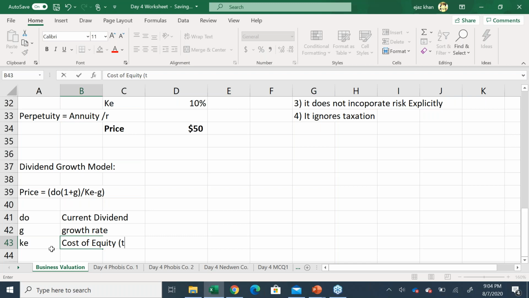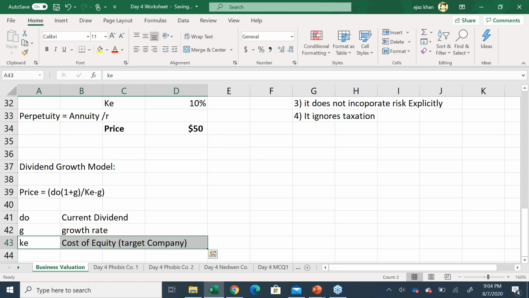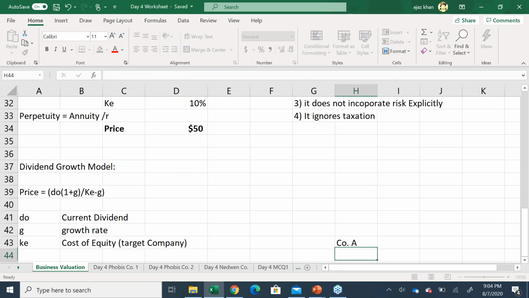It should be of the target company. Always remember, the KE used in this formula should always be of the target company and not of the acquiring company. For example, we are acquiring company A and we are valuing company A's share. So we should use the cost of equity of company A, not of our company.